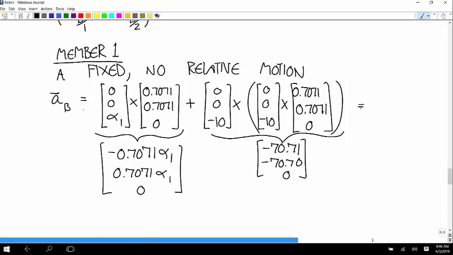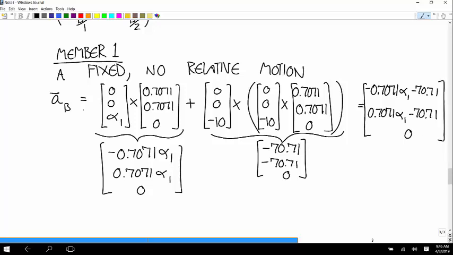So this whole thing comes out to be, this was roundoff here, 70.71. Okay, so negative 0.7071 alpha 1 minus 70.71, and then 0.7071 alpha 1 minus 70.71, and then 0 for z. Any questions about that one?